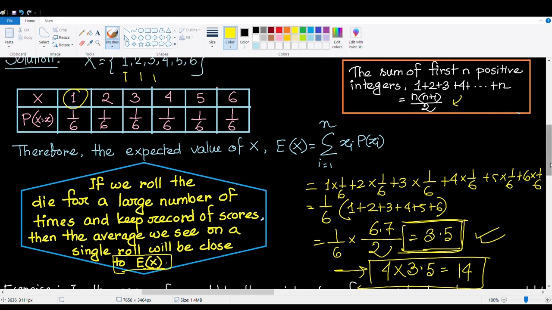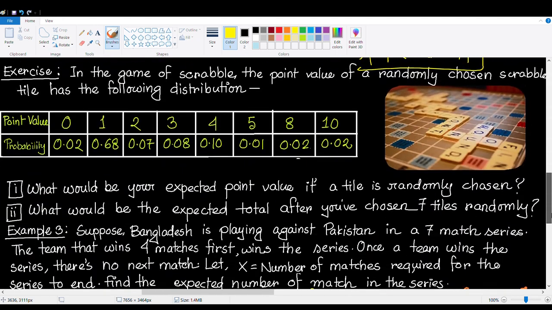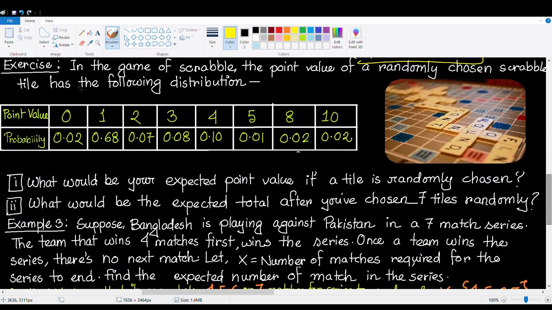Let me give you a similar exercise to solve. The question says that in a game of Scrabble, the point value of a randomly chosen Scrabble tile has the following distribution. Okay, so in Scrabble you can get 0, 1, 2, 3, 4, 5, 8, or 10 from each tile, any of the scores, and the probability for you to have each of the scores is listed just below the variables.